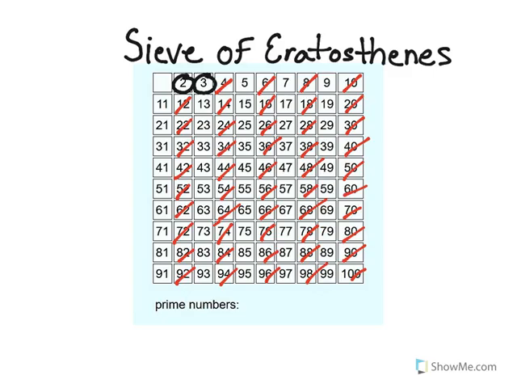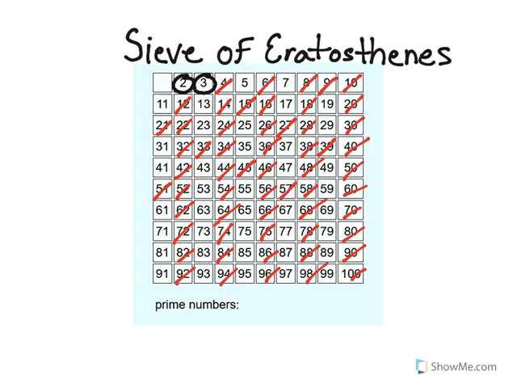So 3, 6 is already crossed out, so we do 9. 12 is already crossed out, so we got 15, 18, 21, and then 24 has already been crossed out, 27, 30, 33, 36, 39, 42, 45, 48, 51. So we're doing all multiples of 3, okay?